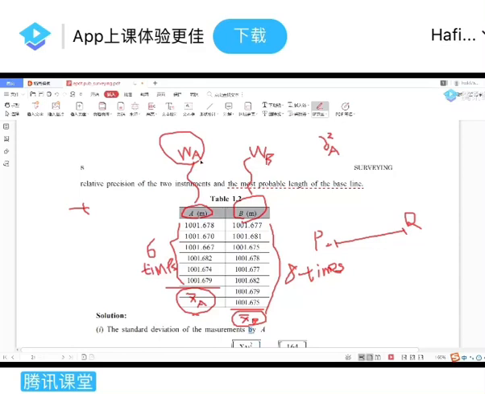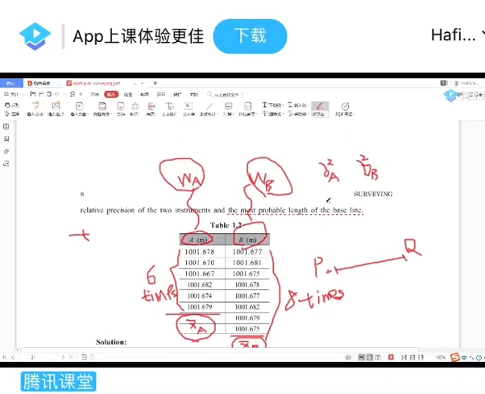I trust this machine less. If the standard deviation is low, the values measured by the machine are very centralized. It means the machine is much more stable. You have high weight for this one.